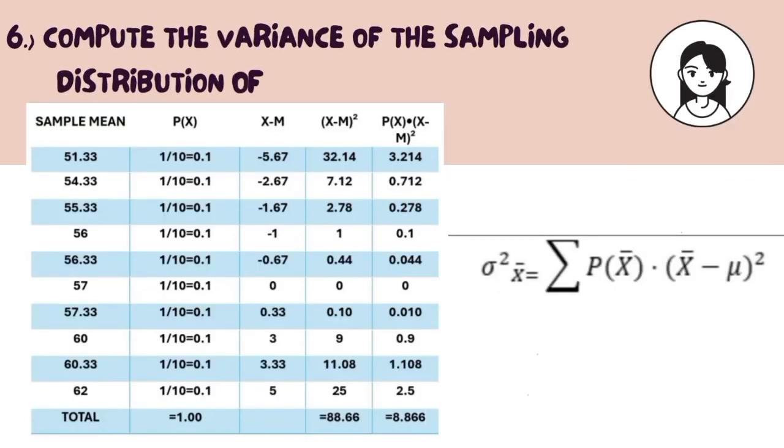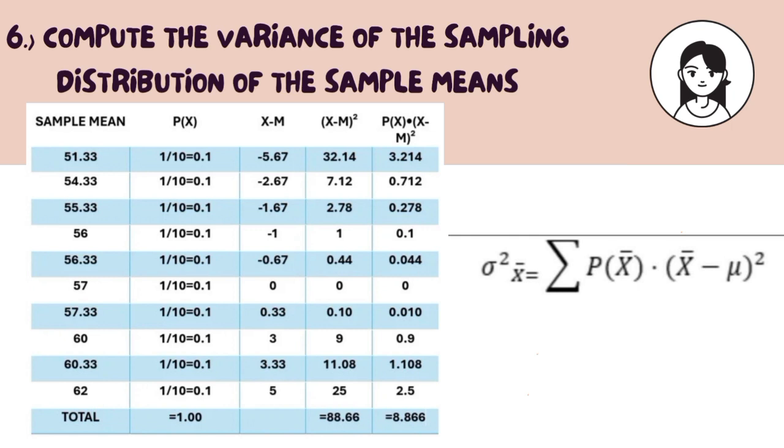Step number 6. Compute the variance of the sampling distribution of the sample means. What you have to do first is subtract the population mean from each sample mean. So 51.33 minus 57 equals negative 5.67. Repeat the process until the third column is complete. Next, in the fourth column, x minus the mean, squared. Just simply square the answer.